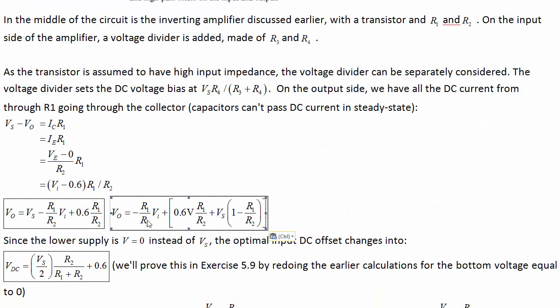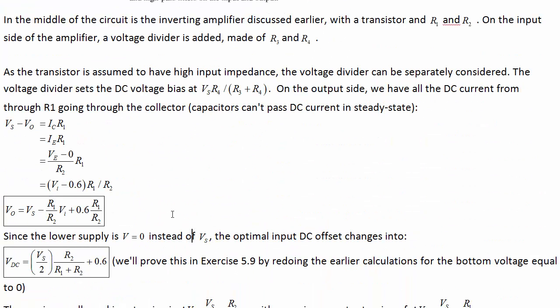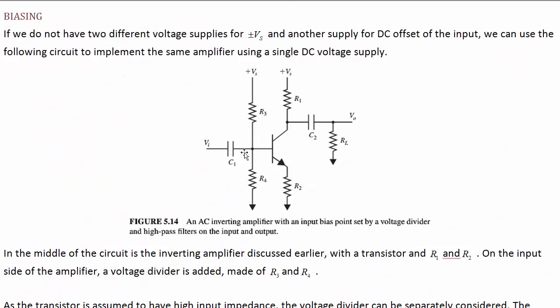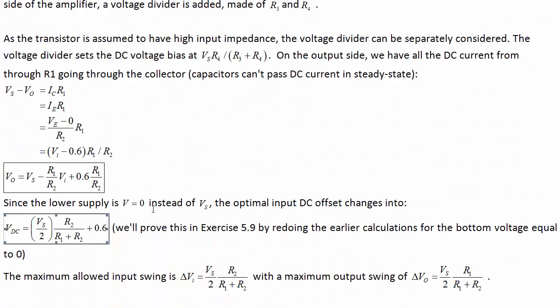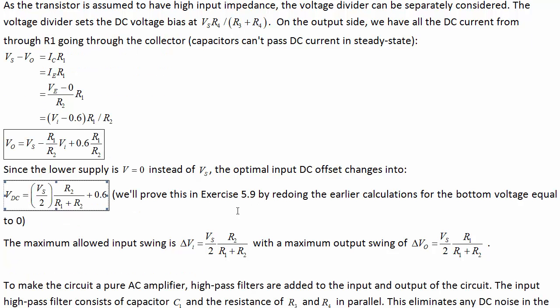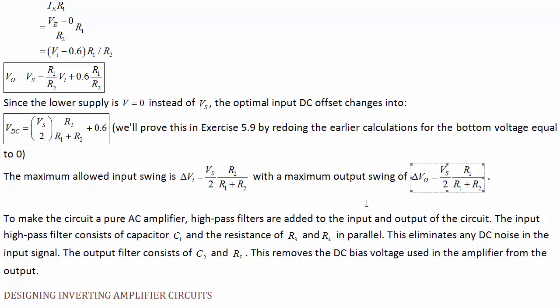And so you'd want to consider that when you decide what your DC bias point should be by picking these two resistors. If you redo the calculations that we did in the clipping section, and we're going to do that in an example, then you'll find that the optimum DC bias point is this, and the maximum input swing that we're allowed is this.